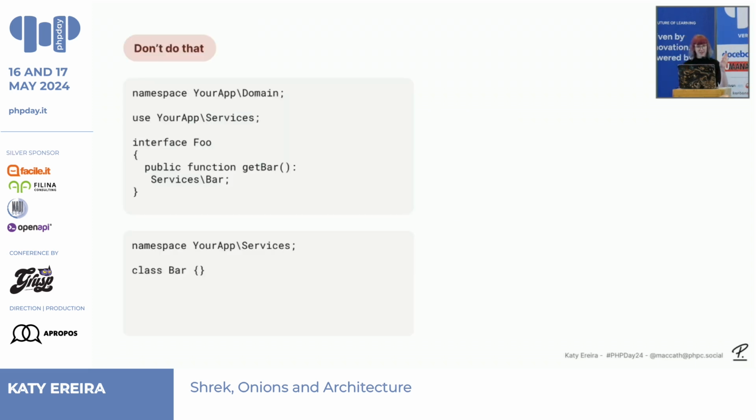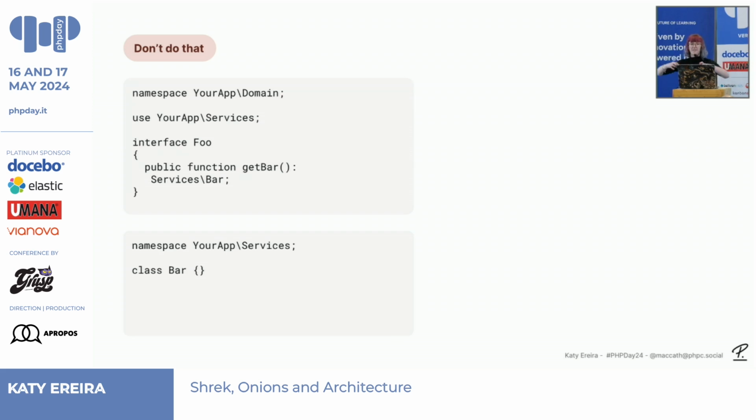Anyway, do's and don'ts. In this example, it's kind of a little tricky to see, but in the top class, you have something that is in the domain or the core domain namespace, that's in the stem, I suppose, of your onion. And then you have a reference to a service, which would be a fleshy layer. Those are two separate layers, and the domain layer is referencing something on the outside. It can't do that. It doesn't have access to that.